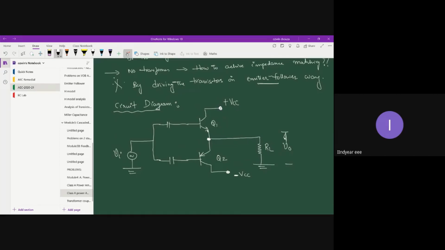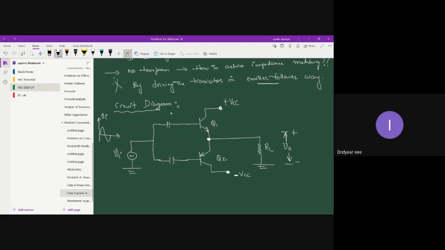Now you can observe that there is no transformer on the input side and no transformer on the output side. So since there is no transformer, let's say your input is of this kind. The input which is being fed to the first transistor's base is going to be something like this.